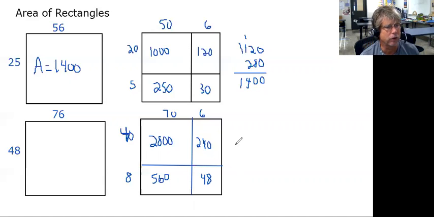So if I want to find the total area, I'd have that 2,800 plus the 240. I'm just going to go ahead and do that, 2,800 and the 240. If I add those together, 0 and 0 is 0, okay, 4, 8 and 2 is 10, carry my 1, so I'm seeing 3,040 there.